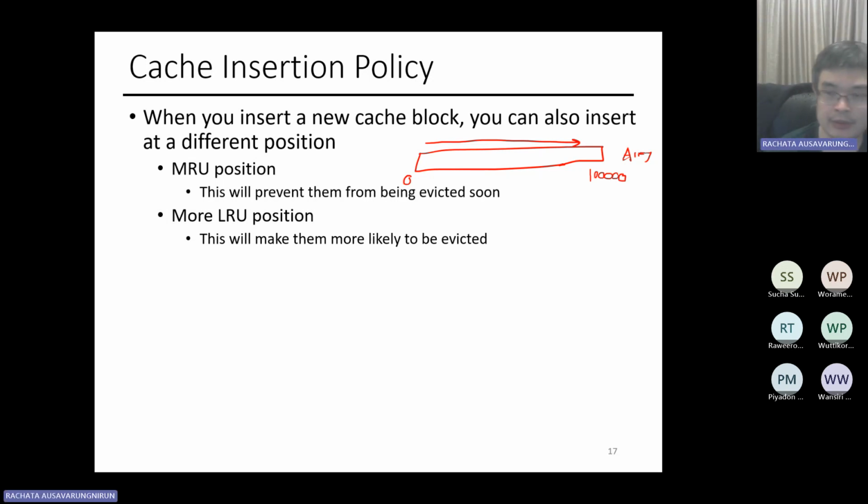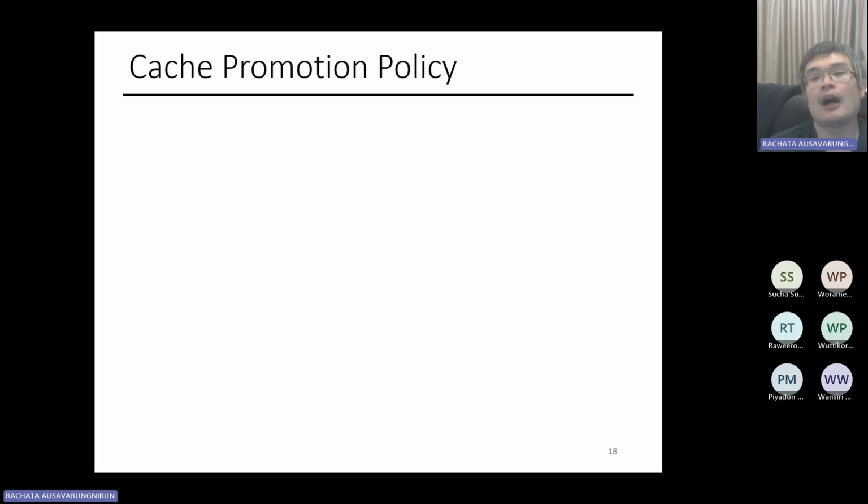If there's no reuse, or this is the last reference, sometimes called re-reference, then there's no point putting them in the cache. You can also choose not to insert into the cache, or bypass completely, as well, right?